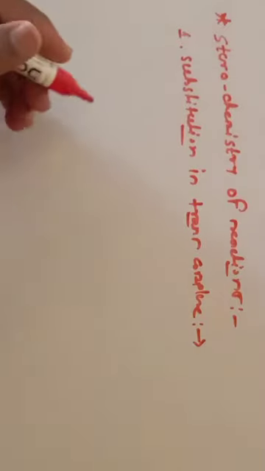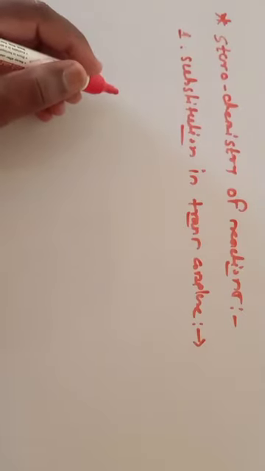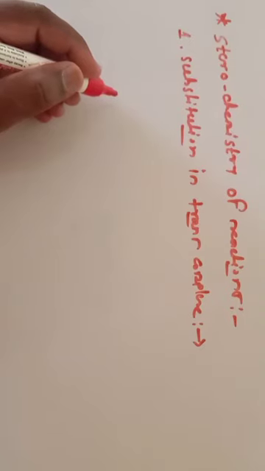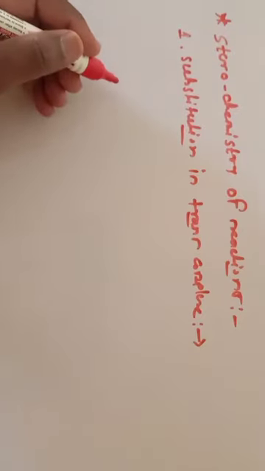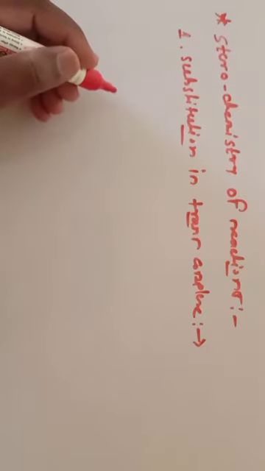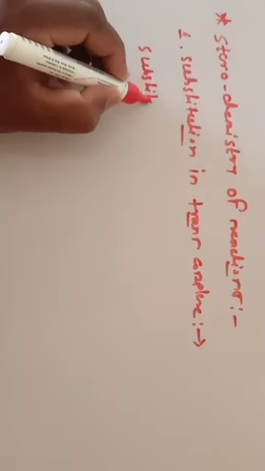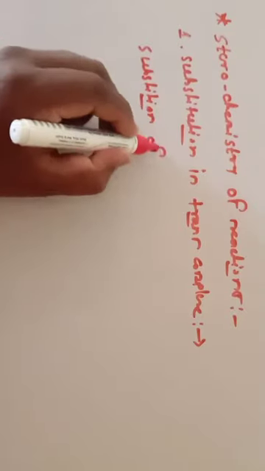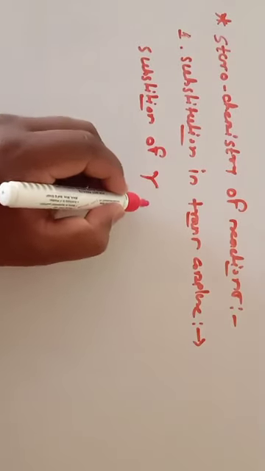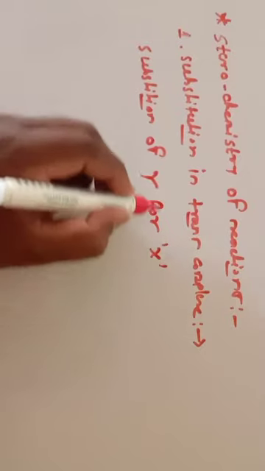So if you consider beyond the possibility of the conjugate base mechanism, we already discussed one of the evidences for this dissociative type of mechanism, that is the conjugate base mechanism. So beyond the possibility of this conjugate base mechanism, substitution of Y for X. So what is Y?